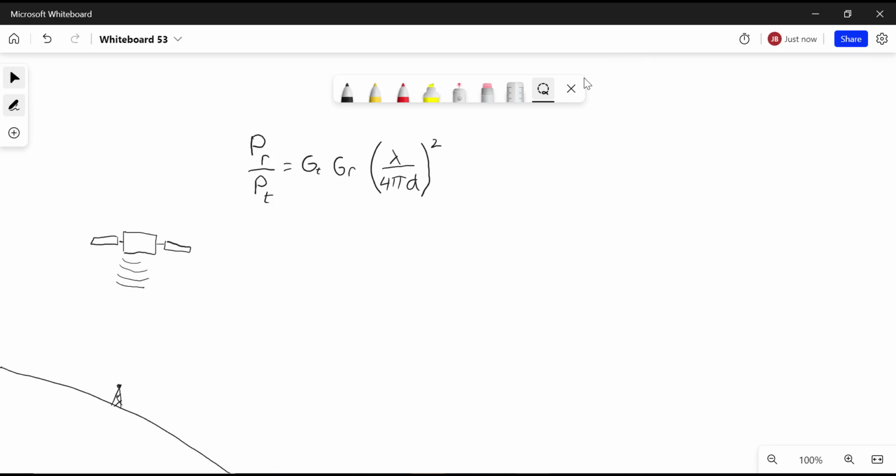So let me just map some of these terms here. If we think of the satellite itself, the satellite is doing the transmit here. So PT as well as the GT, these are both terms that are connected to the transmitter in this case. So P stands for power.